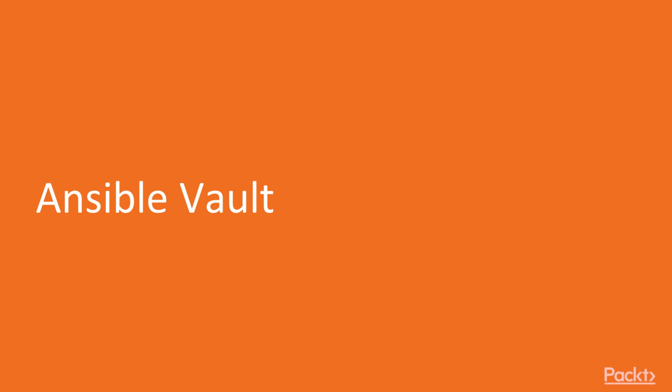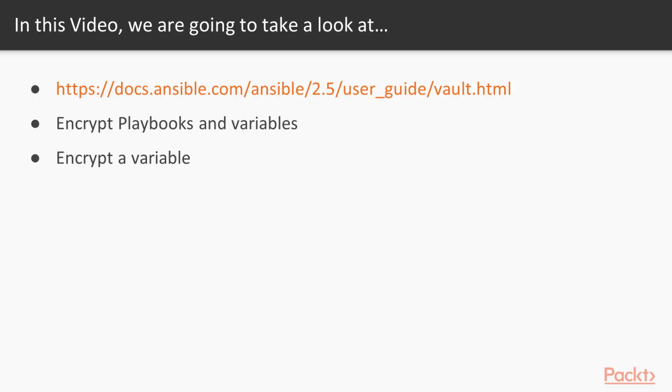So let's get started. Let's look at how to secure sensitive information within Ansible using Ansible Vault. Up until this point, we have been using the variable file in plain text, as well as the playbook. I don't think the playbook is too sensitive, since it's just what modules you use, but certainly the variable file, the IP address, username, password, enable password, is information that you want to keep as secret as possible.